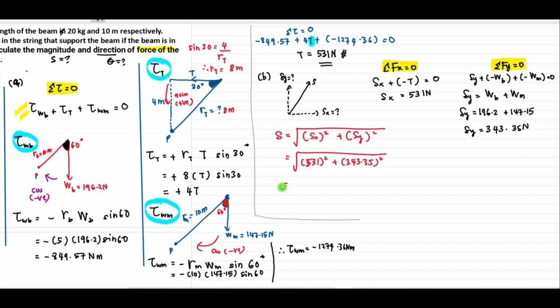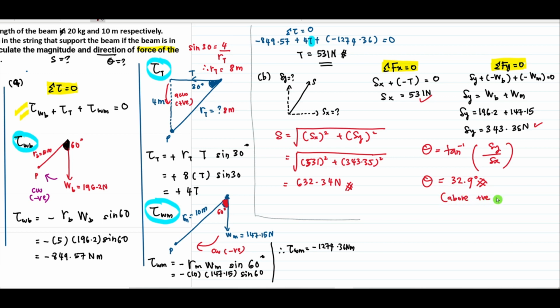And S you akan dapat 632.34 Newton. Okay. So, ini dia punya magnitude. And how about the direction? Theta. Okay. Inverse tangent Sy over Sx. Okay, masukkanlah nilai ni tadi. So, theta you akan dapat 32.9 degree.